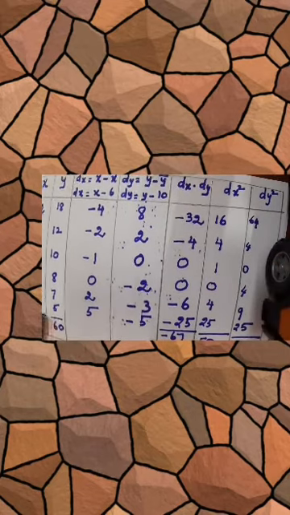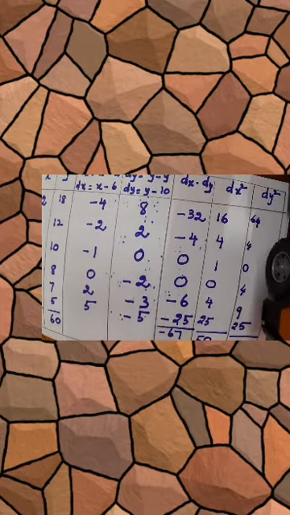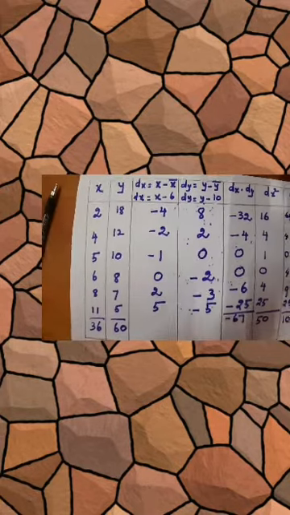And total of dx square, what is the answer you are getting? 50. Correct? And then dy square, what do you get? 106. You can have a look.